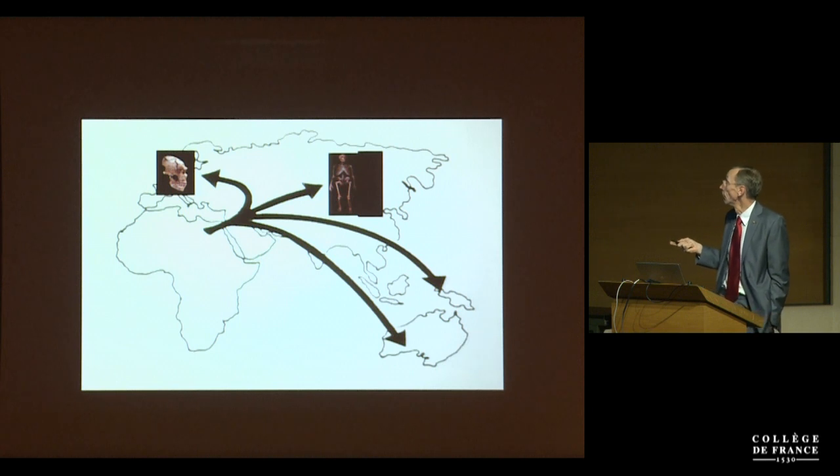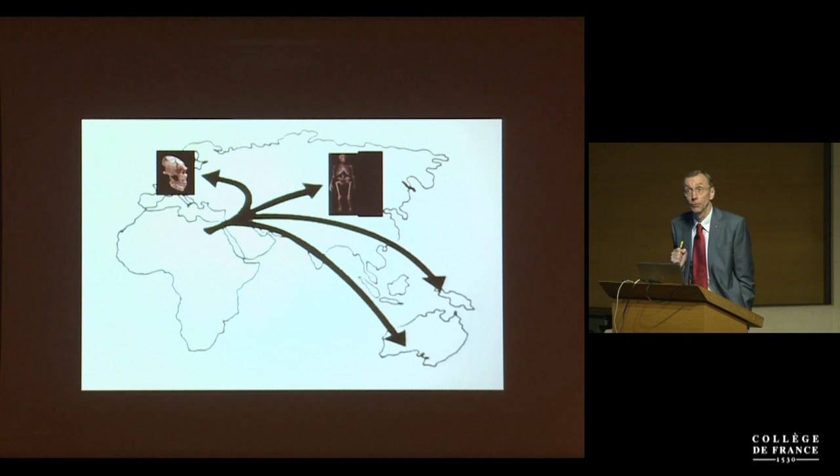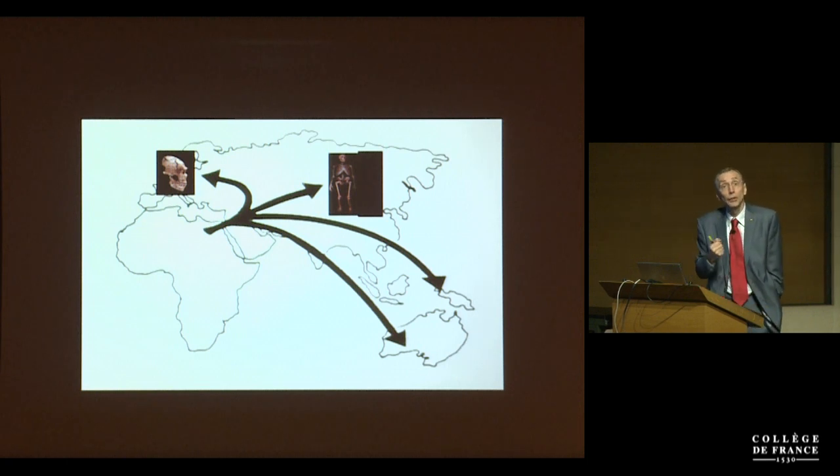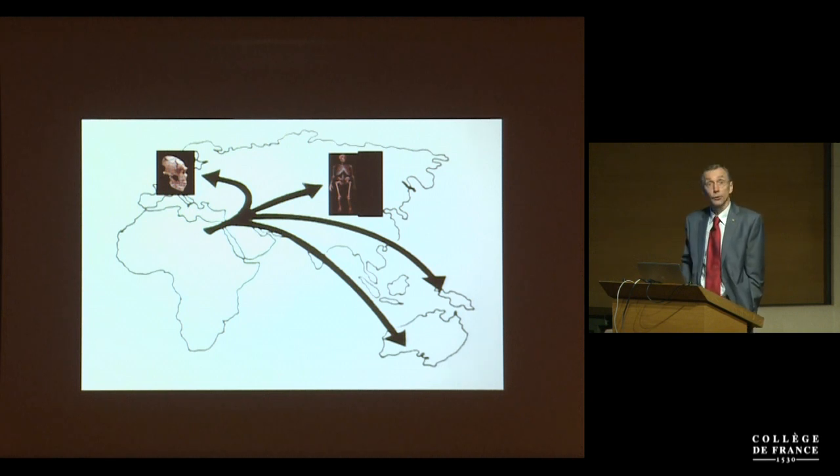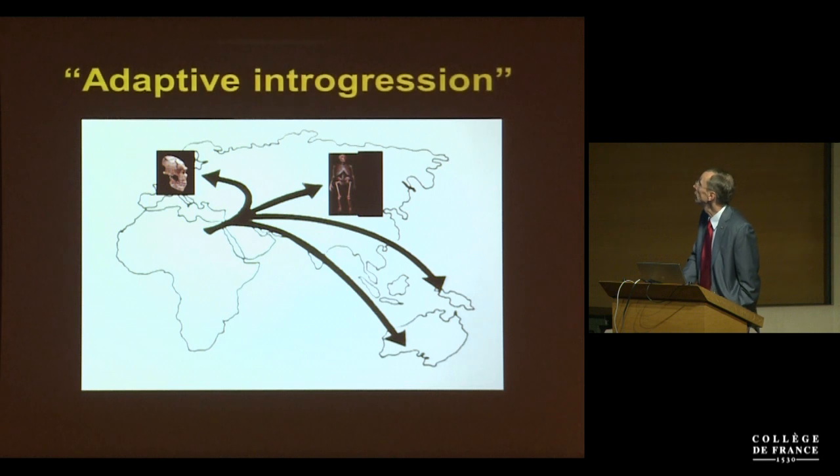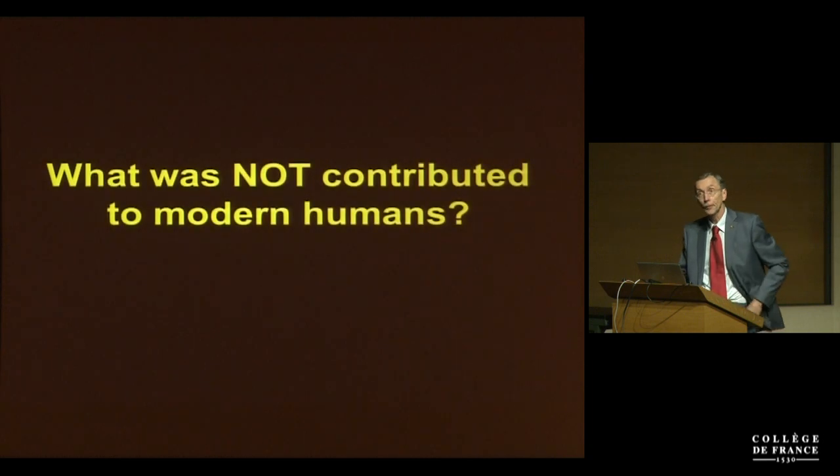And then come these modern humans from Africa, mix a bit with these local people, pick up some genetic variants, and when they are advantageous, they rise to high frequency. It's something that in animal ecology is often called adaptive introgression, but that hasn't been so emphasized in the history of modern humans.